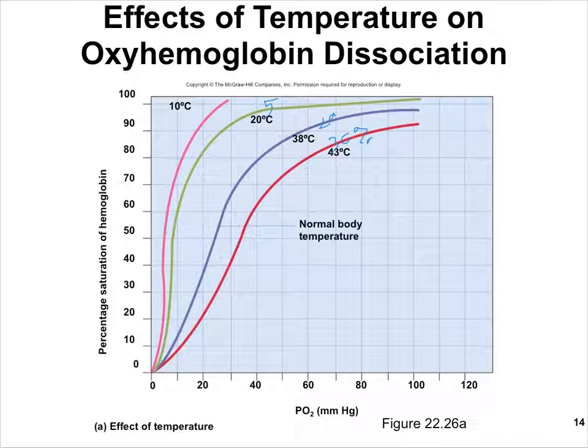So the hotter you are, the more oxygen you're going to drop off. Does that make sense? Well, what could cause your body to heat up? There's two things that come to mind to me right away. Exercise causes your body to heat up because your mitochondria are burning more oxygen. That releases more energy. Some of that energy is captured in the form of ATP, but a lot of it isn't.